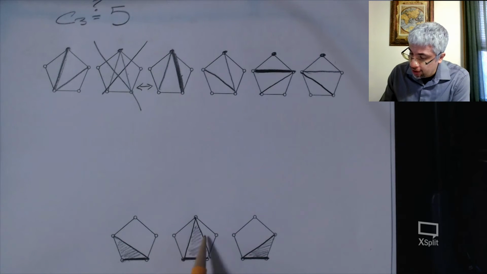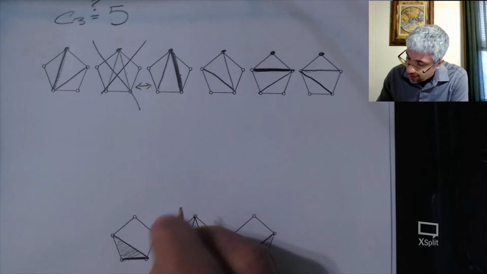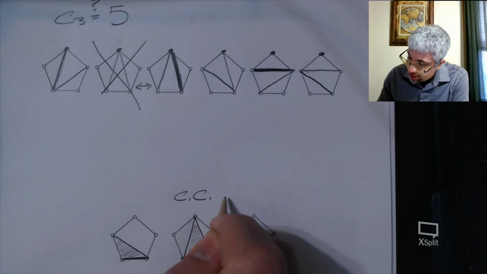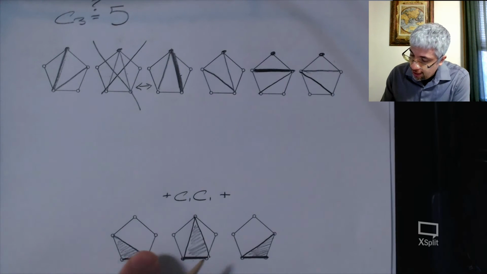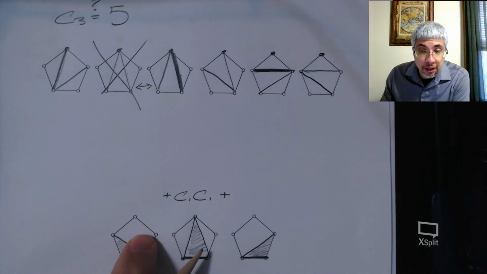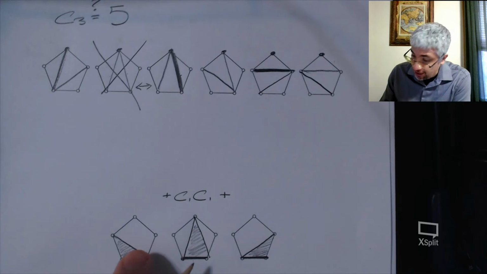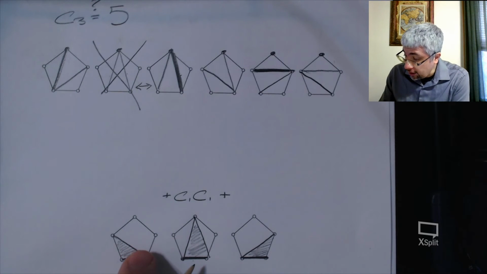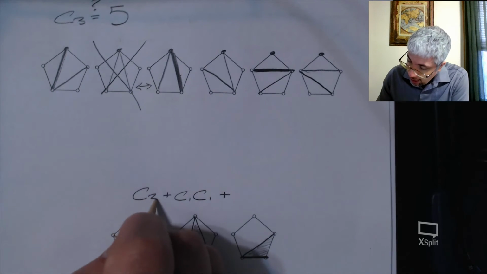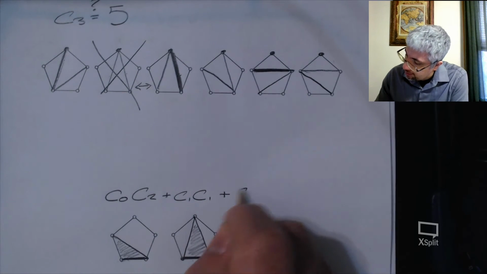Well, this has a triangle on both sides, so I could think about that as a C1 times C1. This has a square, or sorry, not a square, definitely not a square, but it has a C2 because that's a fourgon. And I could write that as C2 times C0.